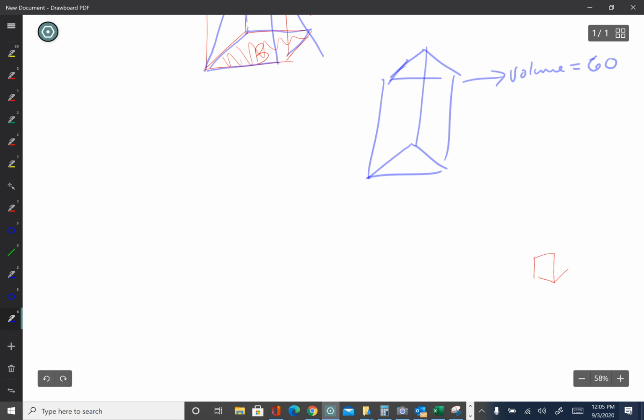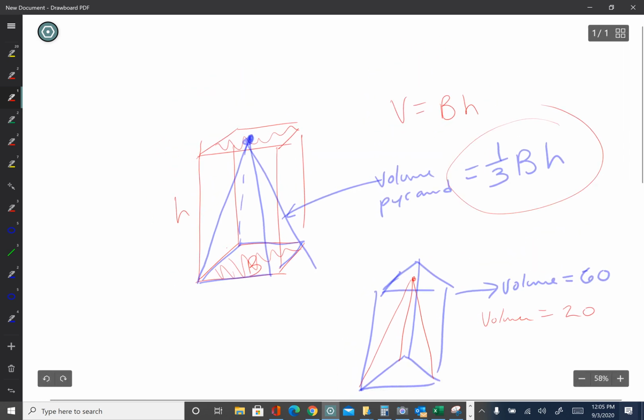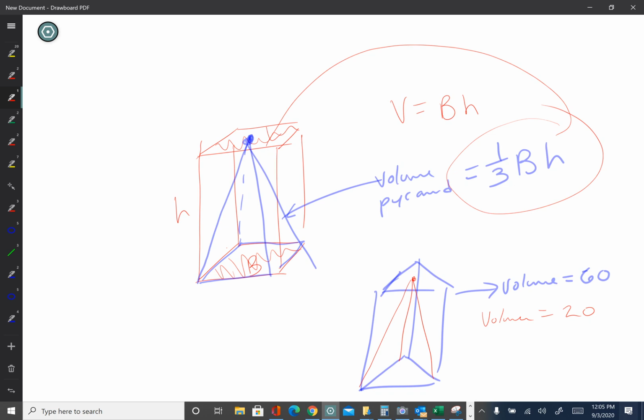And then I ask you to find the volume of a pyramid. So I'll draw the pyramid inside of there. What if I said find the volume of this pyramid instead? The volume of the pyramid would be 20 because it'd be 1/3 of that. Three of the volumes of the pyramid can fit inside of the prism.